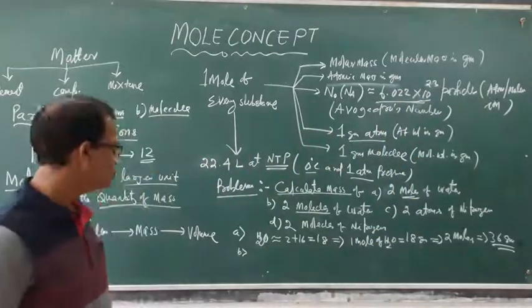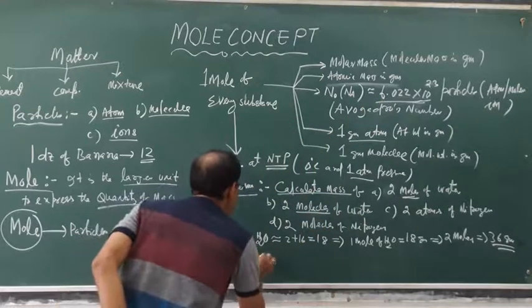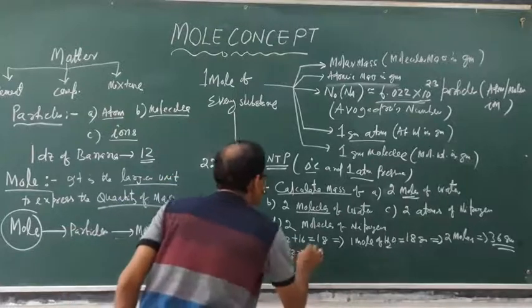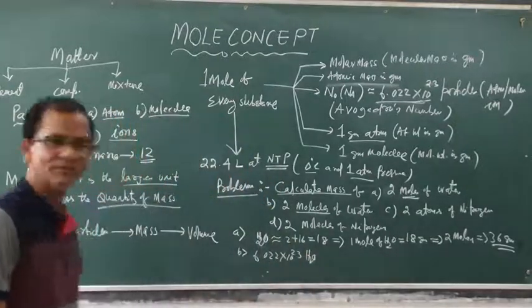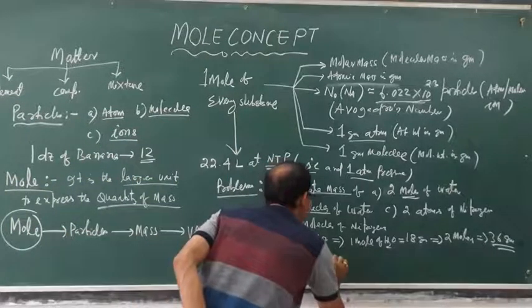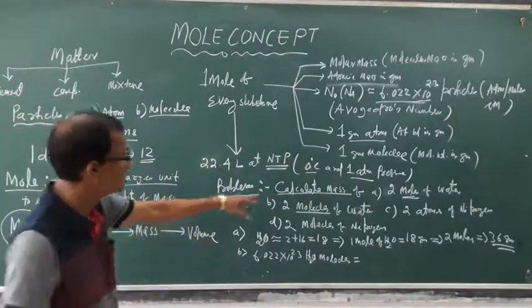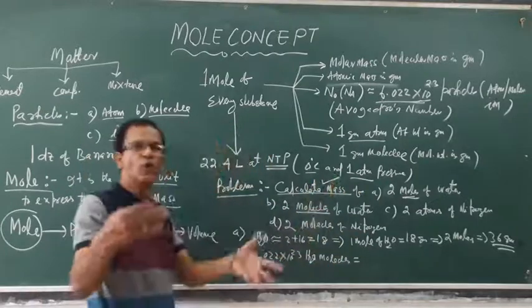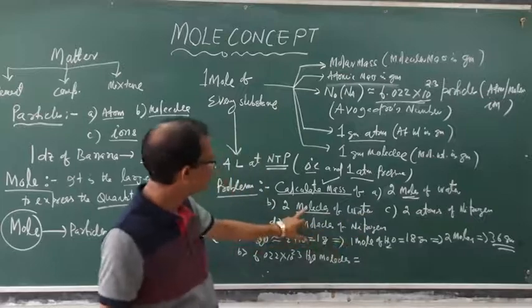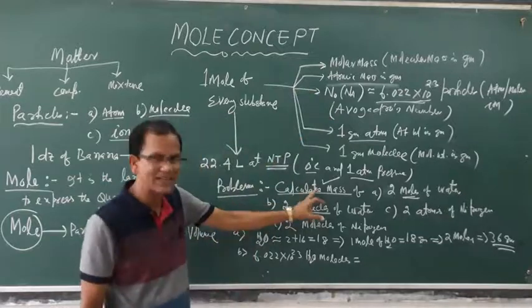We know 6.022 10 to the power 23 water molecules is equal to how much gram, because the question is to calculate mass. Mole is not required here because it is a relation between molecules, that is particles, and mass.